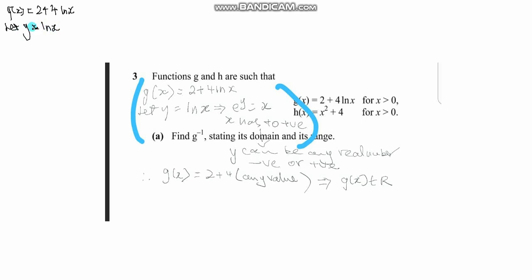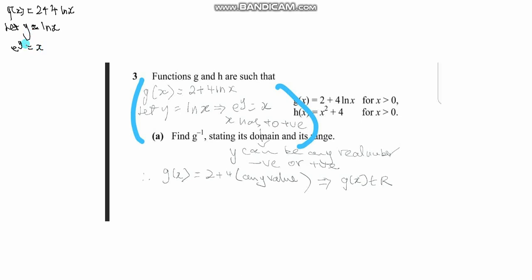Now we can rewrite this as x equal to e to the power of y. Now if you vary the value of y, you notice that x can never become negative.